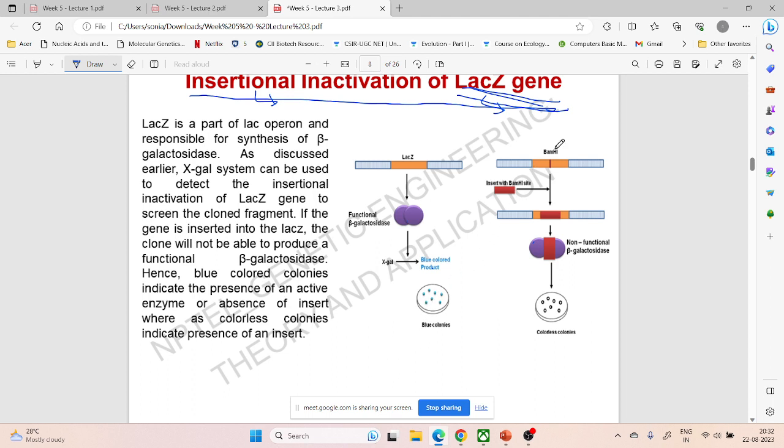Whereas when you clone your gene of interest in LAC-Z, you are disrupting the LAC-Z gene. Because it is disrupted, there is no functional beta-galactosidase, and no functional beta-galactosidase means no blue color, so colorless colonies would be formed.